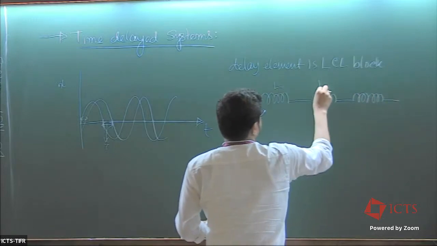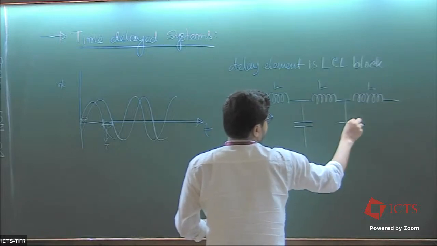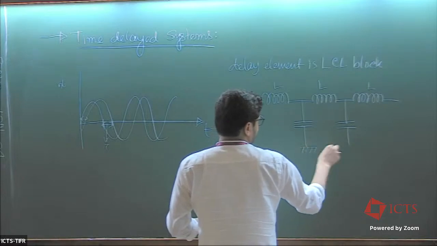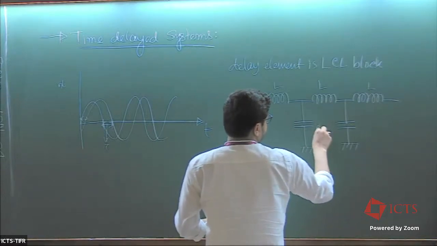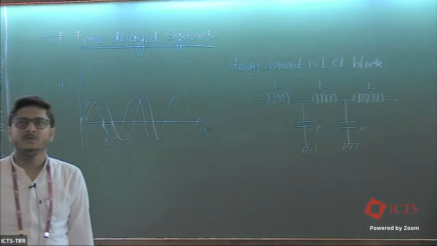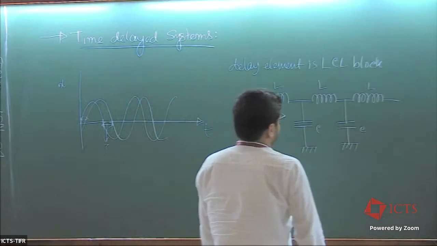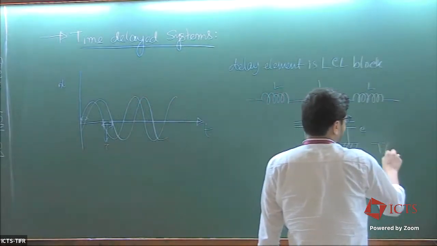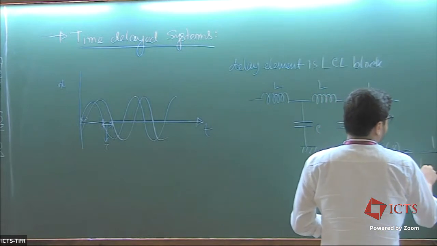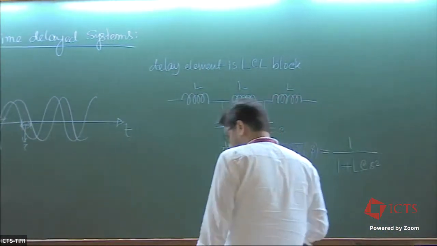These are L and here C, grounded. This block can provide you time delay as desired. It has the transfer function T of S is equal to 1 divided by 1 plus LC into S square.